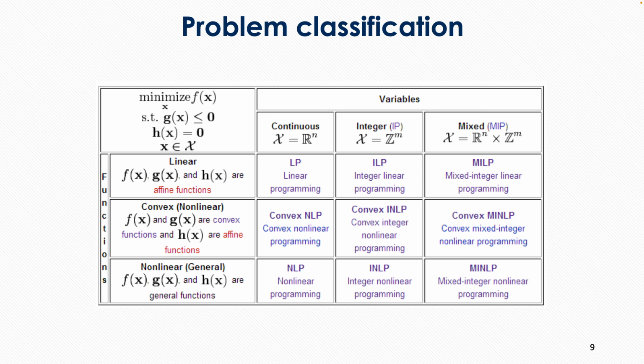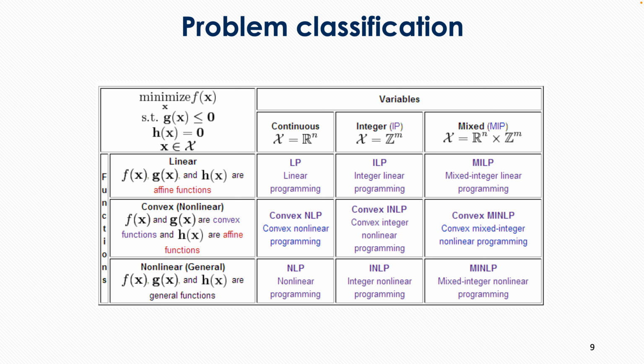And so you represent that as an integer. Integers are, I would say, notoriously a little more difficult to deal with mathematically. A mixed integer program is where you have decision variables that are both continuous and integers in your problem.